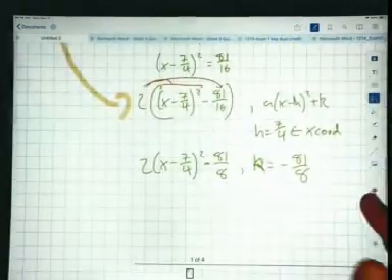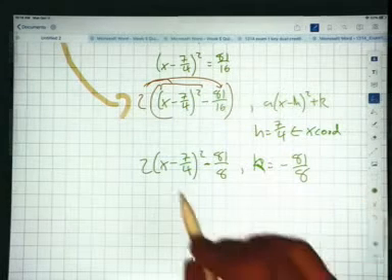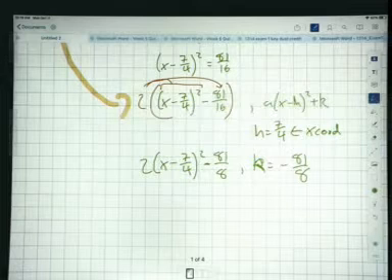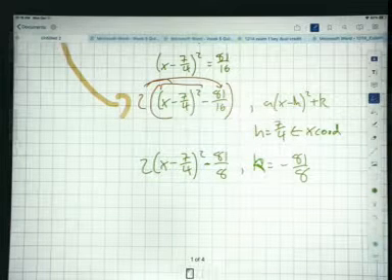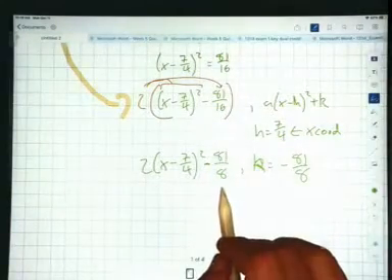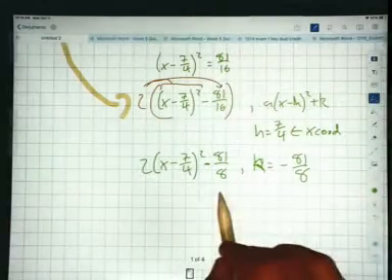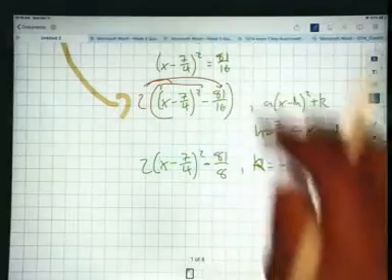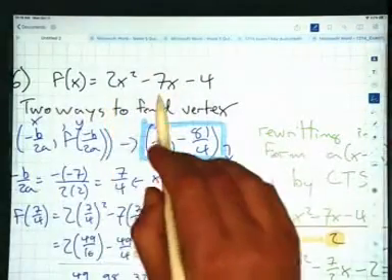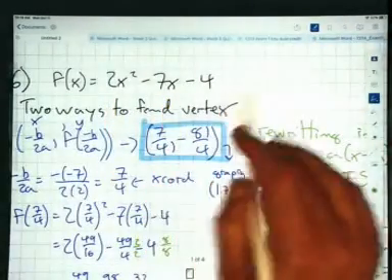There's another important reason why we have to include the 2. I'll just show you the whole thing. This vertex form, if you multiply everything back out, you're going to find that it gets back to your original equation of 2x squared minus 7x minus 4.